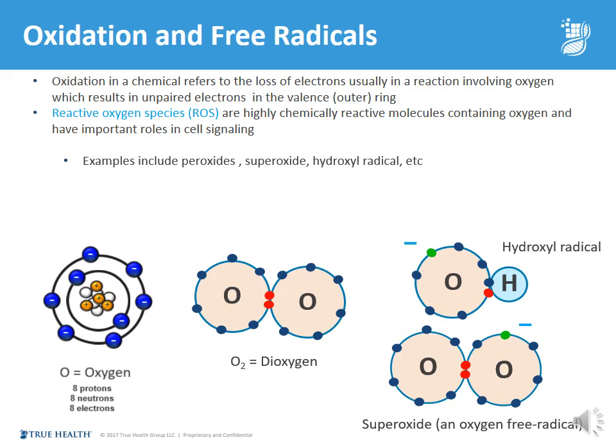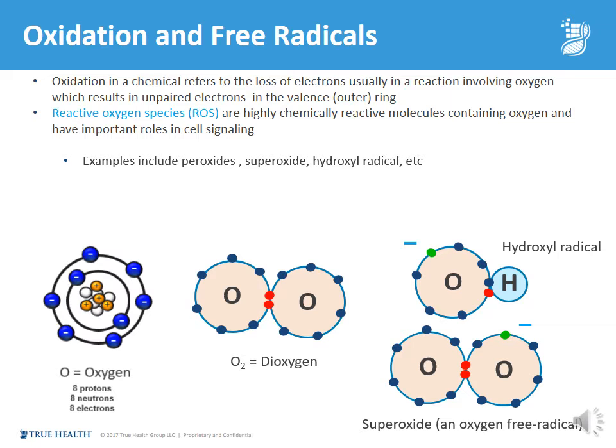They're covalently bound. And on the right, on the top, you see the hydroxyl radical, oxygen and hydrogen, carrying an unpaired electron depicted in green, but it's also sharing an electron with hydrogen to which it's covalently bound. And on the bottom you see something called the superoxide.